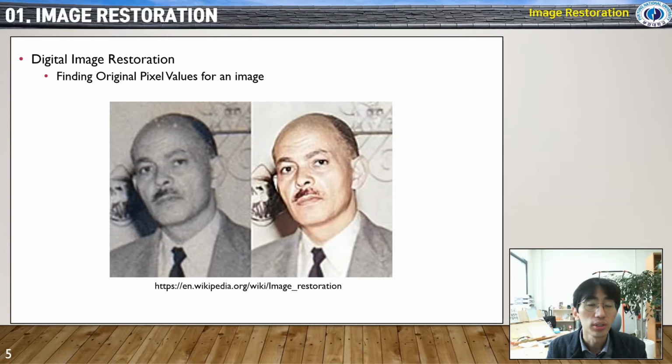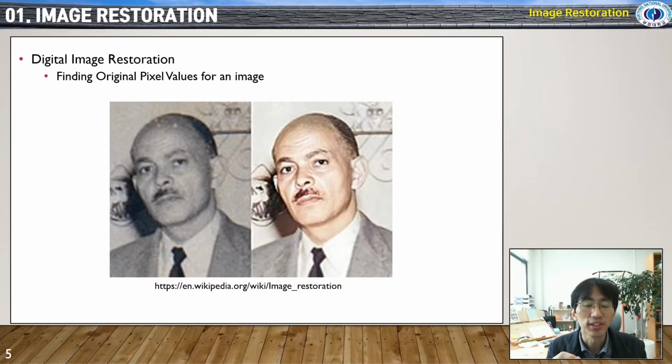It happens in the same way in digital images. Maybe you just stored your image file in your hard disk or your flash memory, and you may think that there is no problem at all, but it can be distorted because there is nothing that lasts forever.